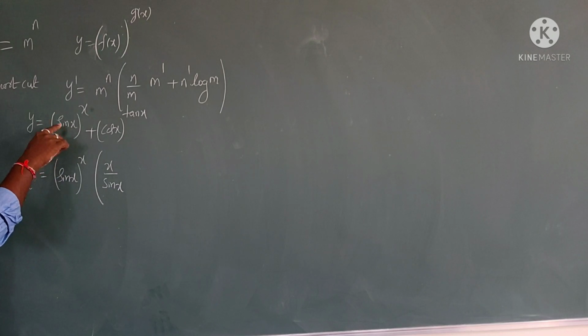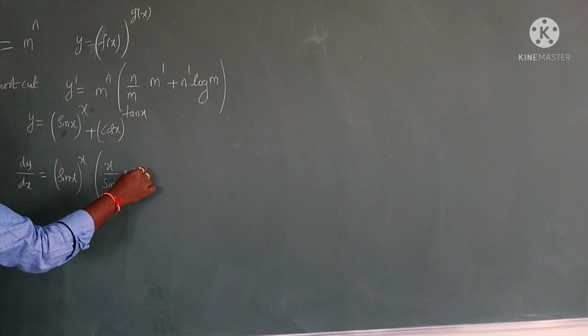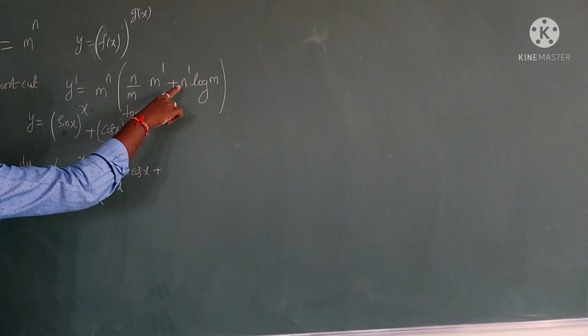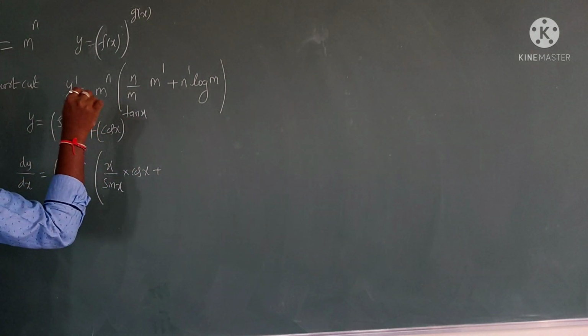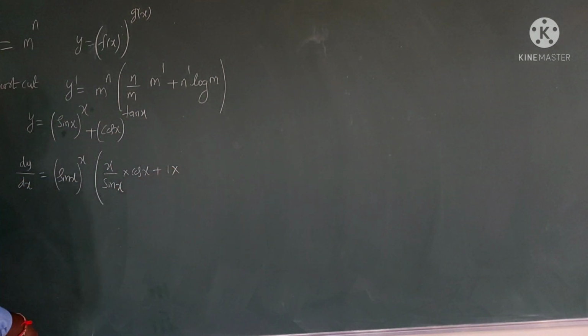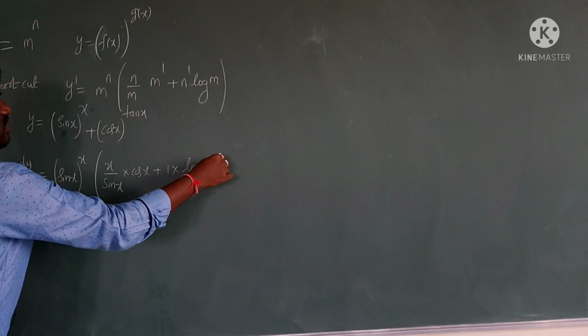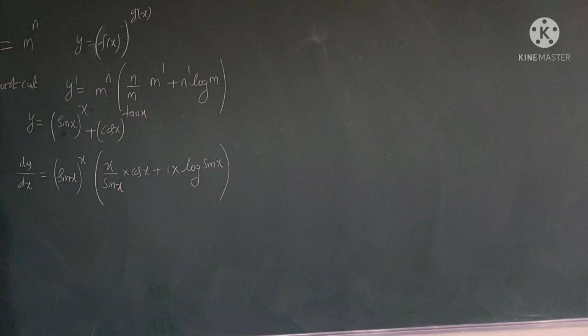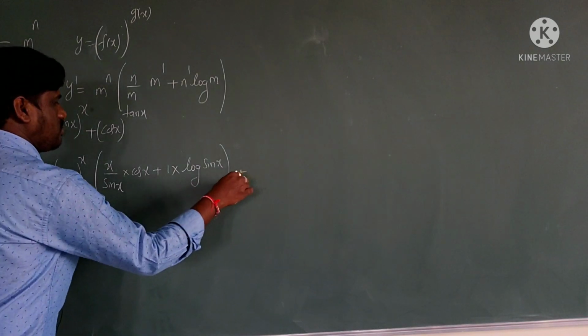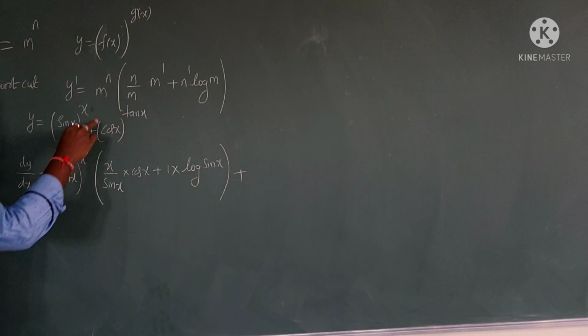Sin x. Sin x differentiation is what? Cos x, plus n dash. N dash means x. X differentiation is what? 1, into log m. M is what here? Sin x. This is done.